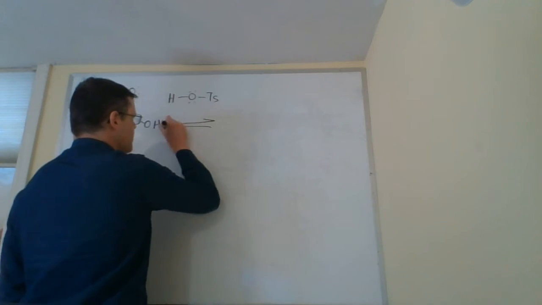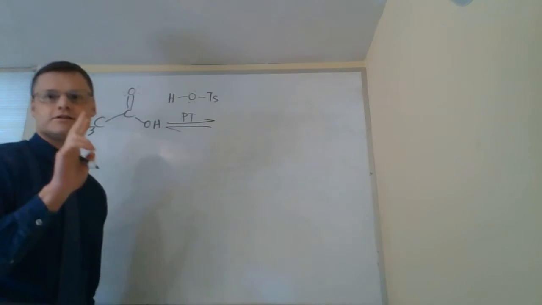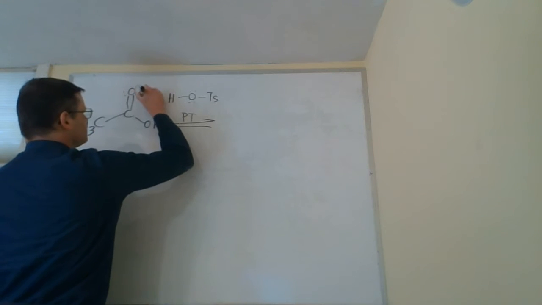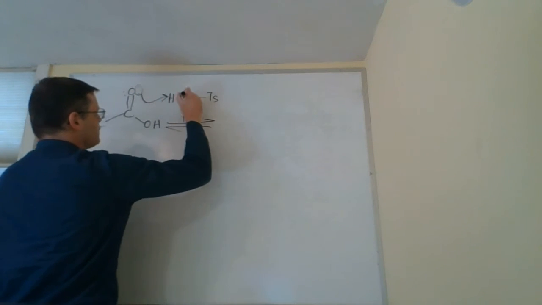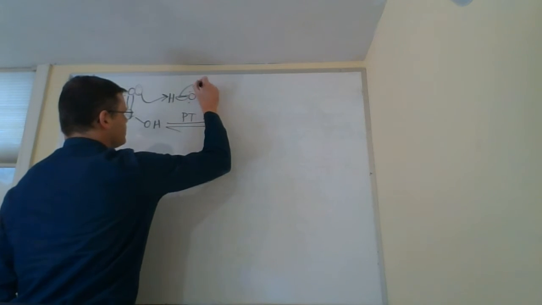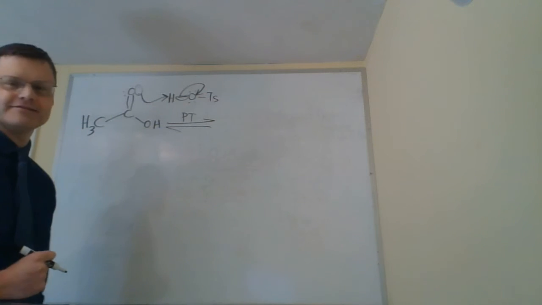And I prefer to see proton transfers with 2 arrows. Oftentimes, our textbook will abbreviate that with 1 arrow, but I like to make sure that you know what you're doing. So we've got two arrows in that proton transfer.